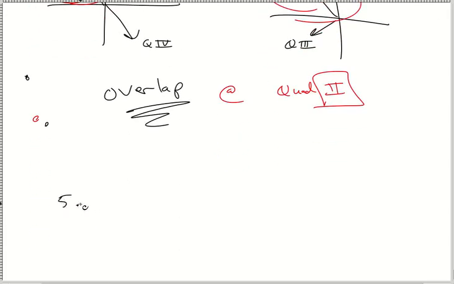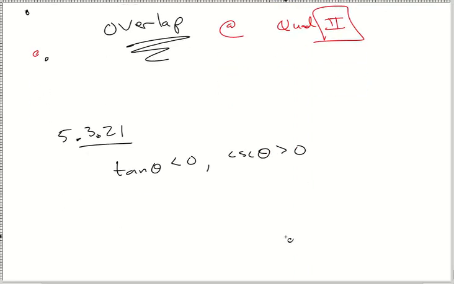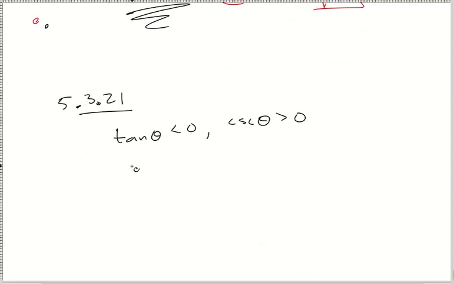I got 5, 3, 21. I've got tangent of theta is less than 0, and cosecant of theta is greater than 0. So my slope is negative, but my y value, if you remember, cosecant is 1 over sine, which is a y value, is positive.